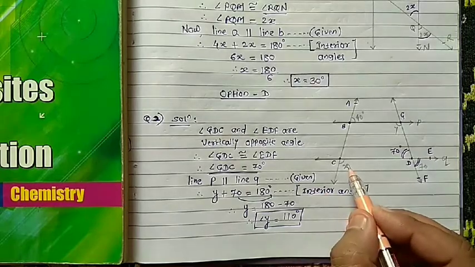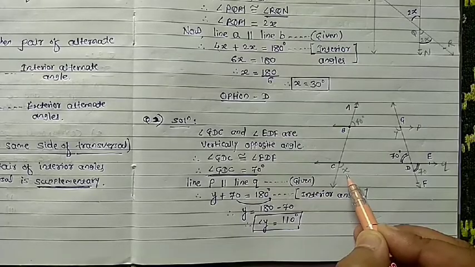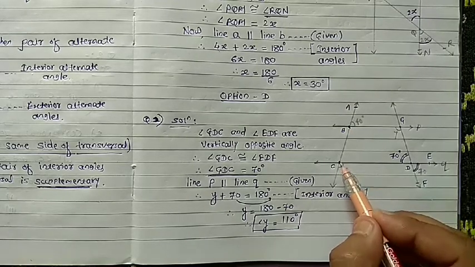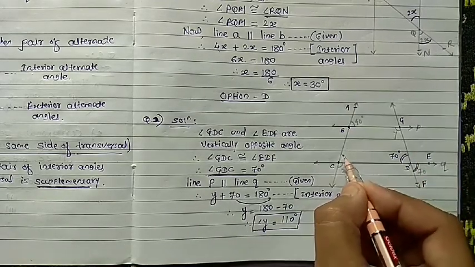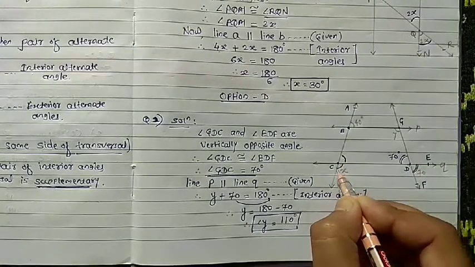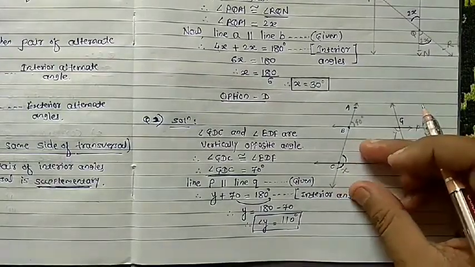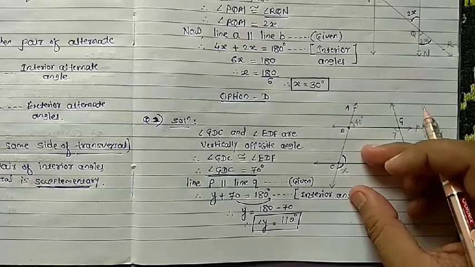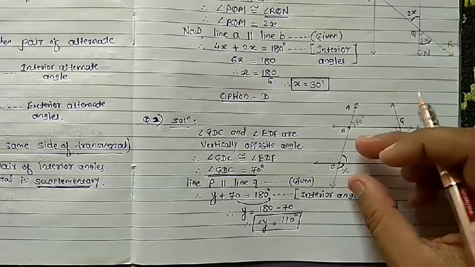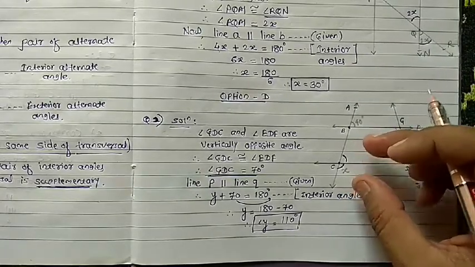angle X. Now here angle X and angle BCD, this angle and this angle, these two angles are in linear pair. It means their sum is equals to 180 degree.